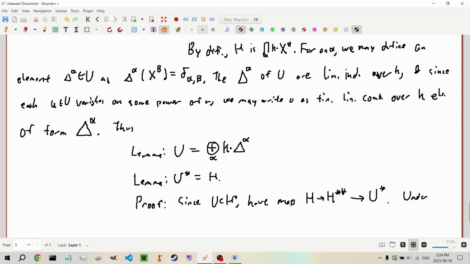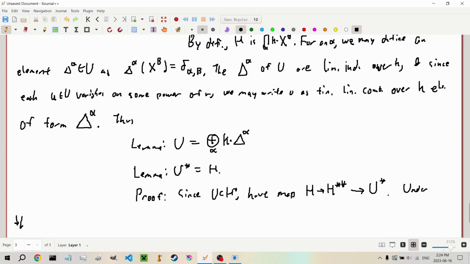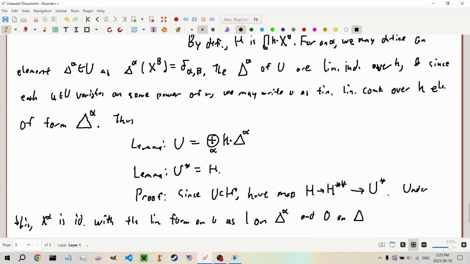Under this map, X alpha is identified with the linear form on U being 1 on delta to the alpha and 0 on delta to beta, where of course beta is not alpha.